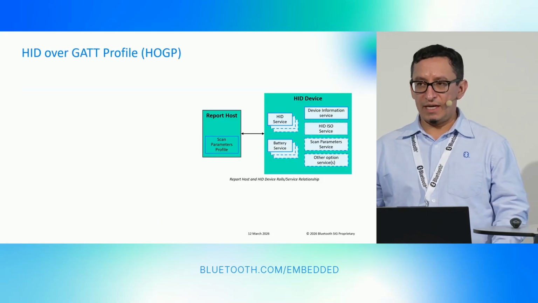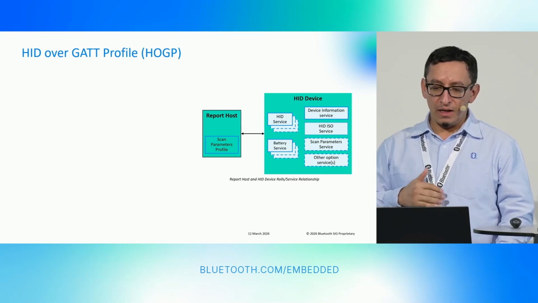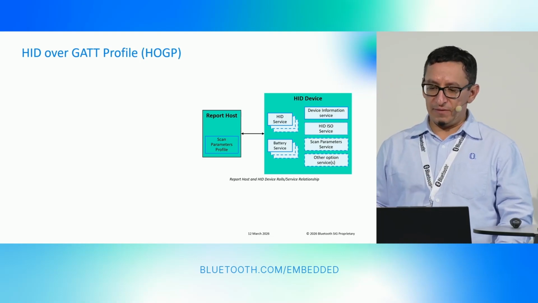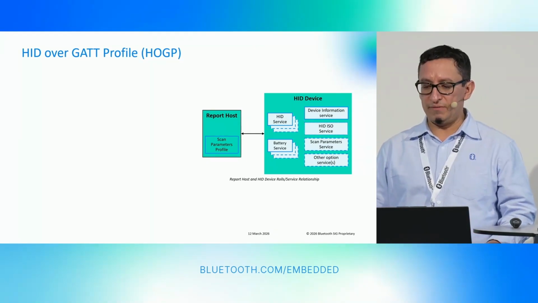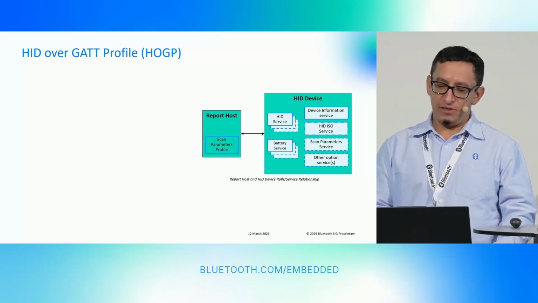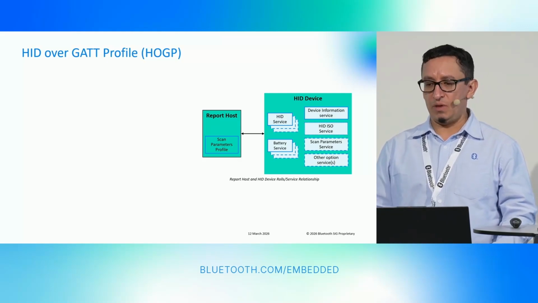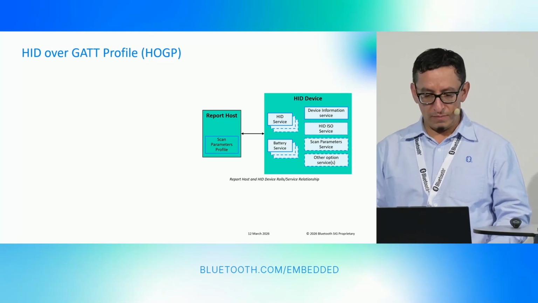Before jumping into the technical overview, very quickly, let's review one more thing. A Bluetooth profile is a specification that defines rules and requirements to standardize the way Bluetooth devices communicate for a particular use case. Profiles ensure interoperability between products or solutions from different manufacturers or vendors.